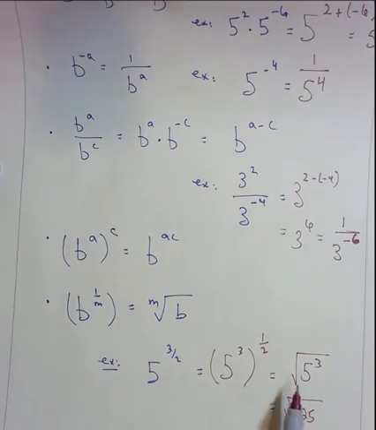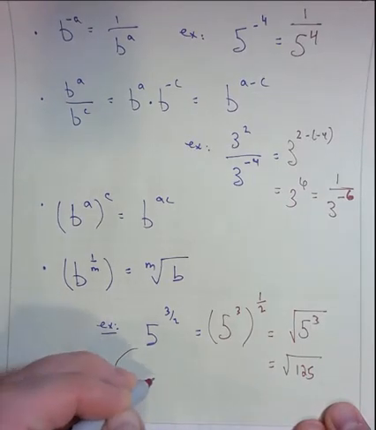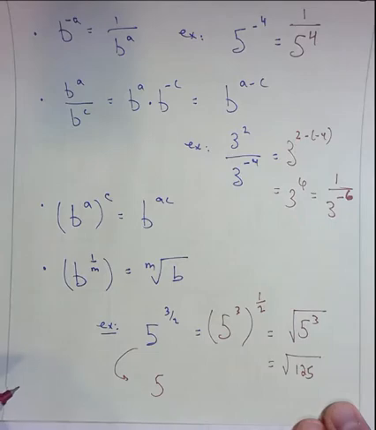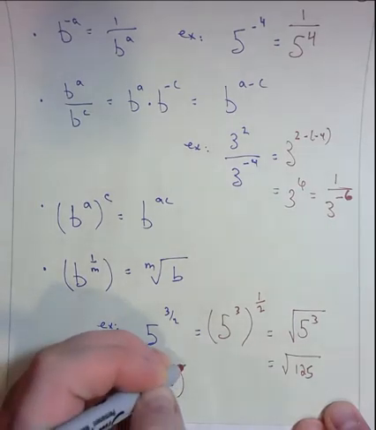Whether this version or this version or this version is the best version, I don't know. That's up to you to decide, or instructions. The other way we could decouple this number is to, instead of writing it as 5 cubed raised to the 1/2, we could write it as 5 to the 1/2 cubed.